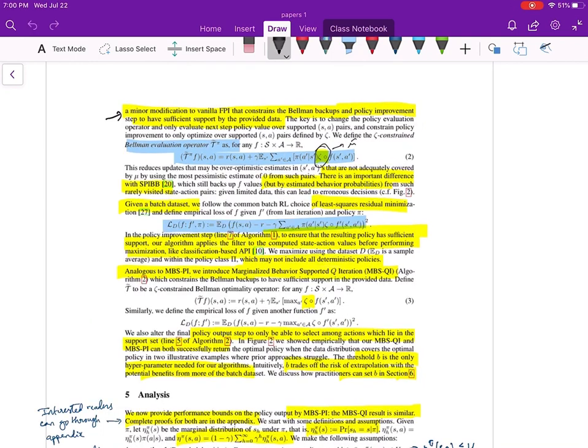So yeah, you would use the least squares function, but it's the usual least squares. Just the filter function is being added here in the step. And again, for the MBS BI version, it's just these additions here to the previously presented Bellman operators.